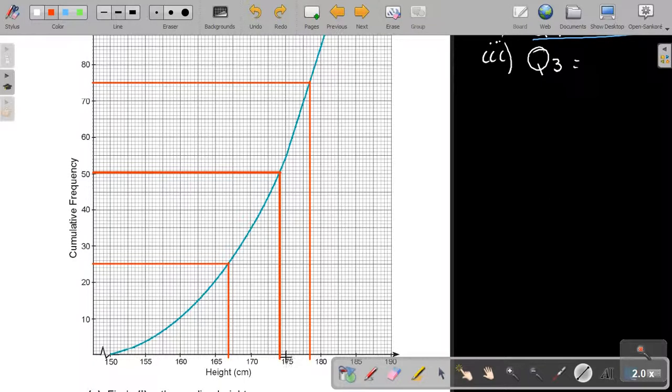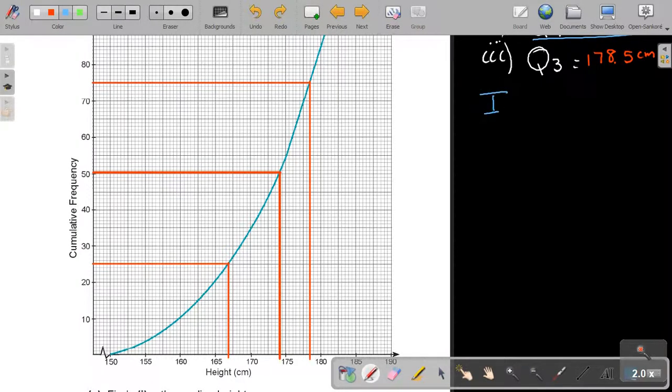Okay, so it looks like 176, it's going to be 177, 178. So it looks like 178.5 centimeters.